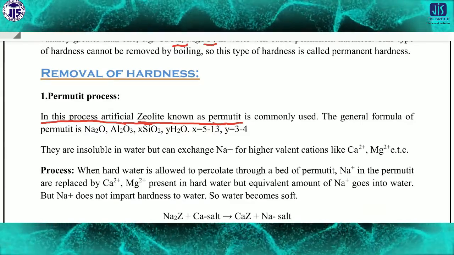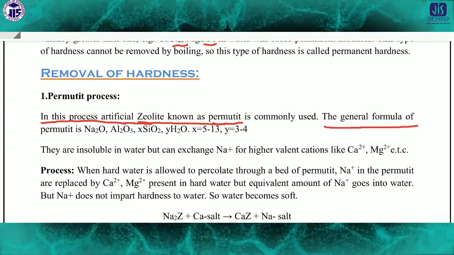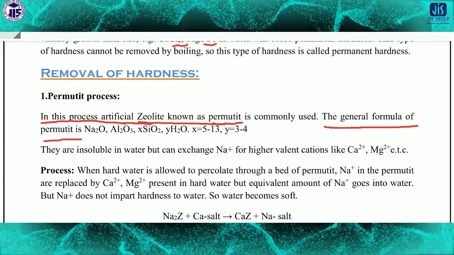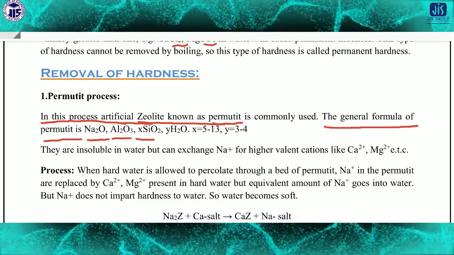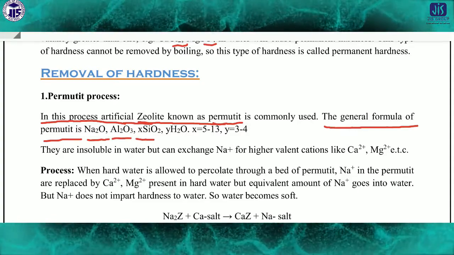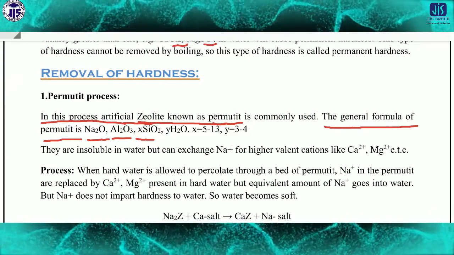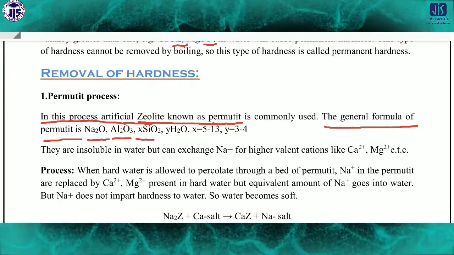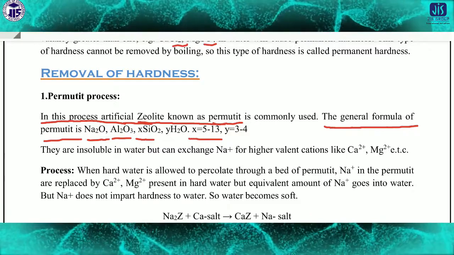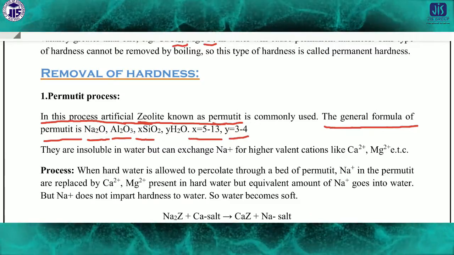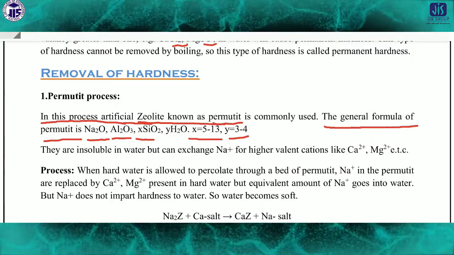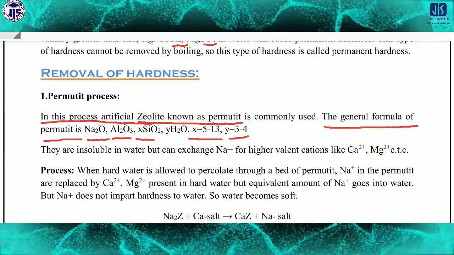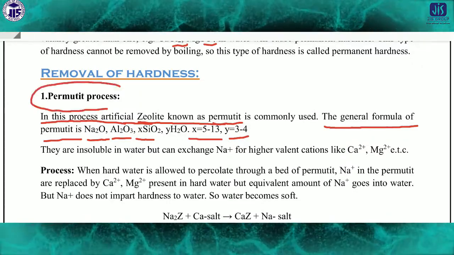Now the general formula of permutit is Na2O Al2O3 x SiO2 y H2O, where the value of x may vary from 5 to 13 and y from 3 to 4.